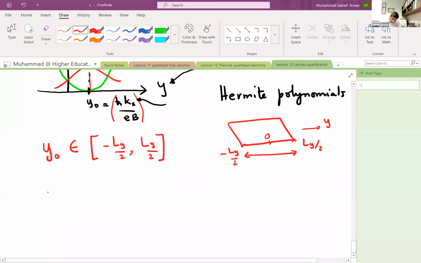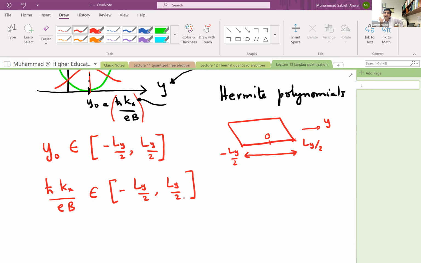So this means that my h bar kx over eB has to remain within these limits. Just by logical arguments, the wave function must have its center inside the solid. Otherwise, there's no point in having the wave function go out of the solid. So there's a constraint on the value of y naught.